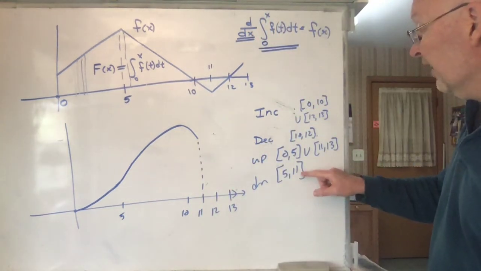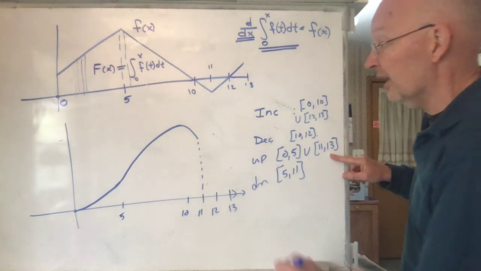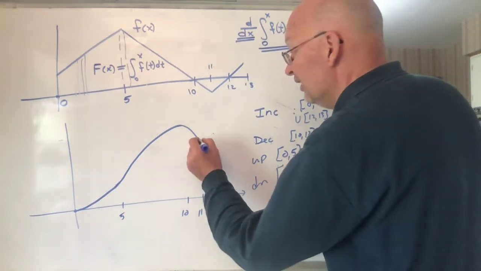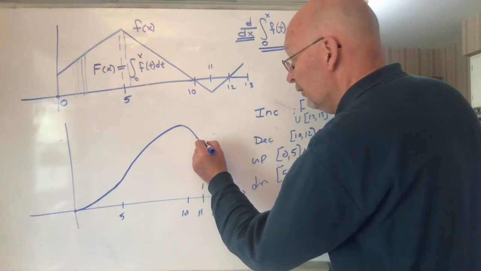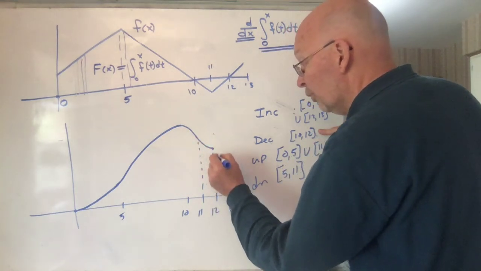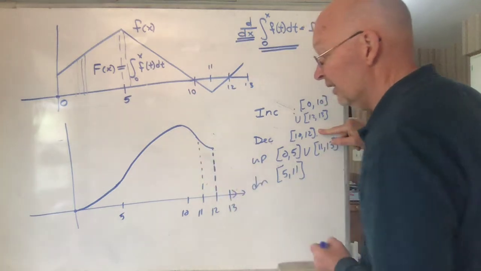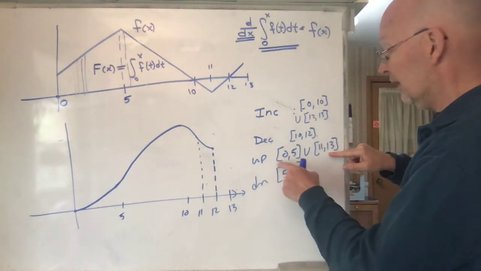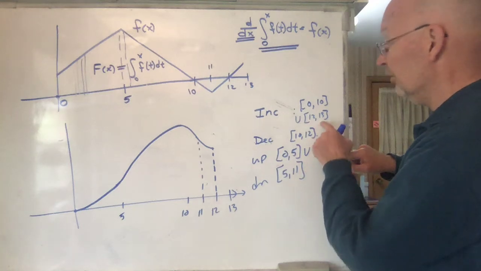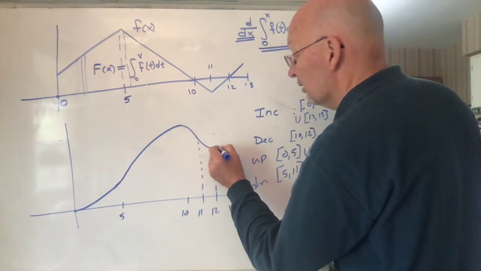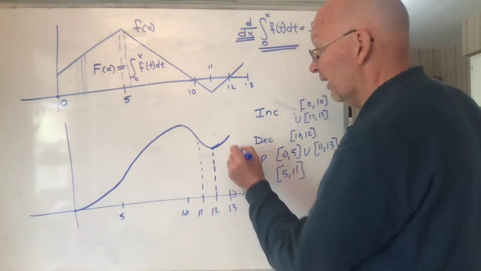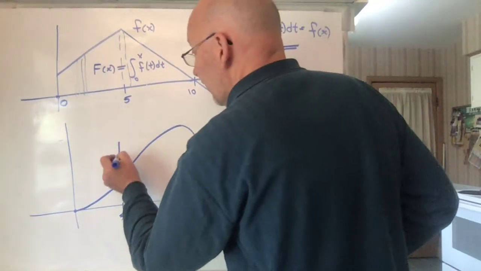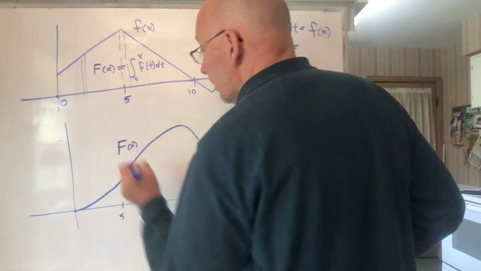Then, once you pass 11, it becomes concave up. It's going to be concave up for the rest of the time now. It's still decreasing until you get to 12. So there you are at 12. It's concave up and decreasing. And then once you pass 12, it is now concave up and increasing. So it's going to look like that at 13. Okay?